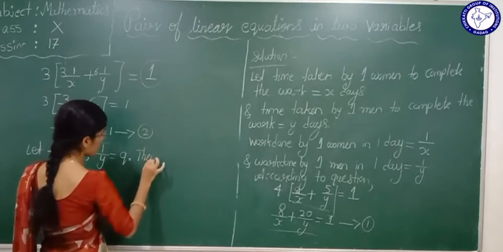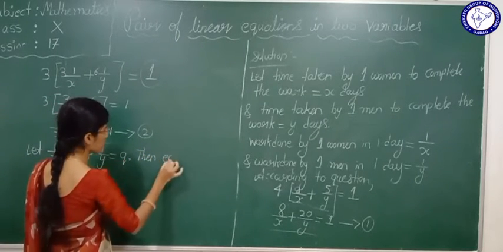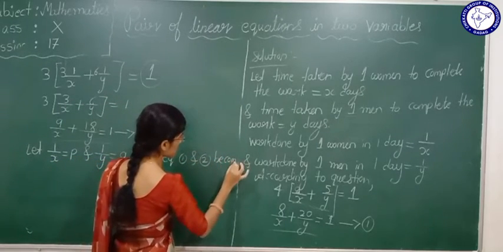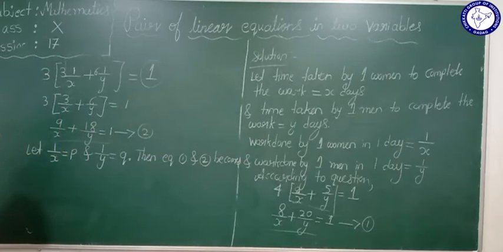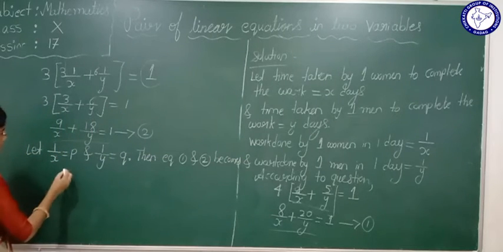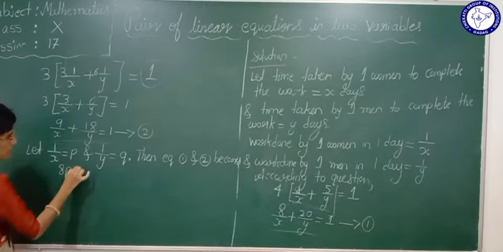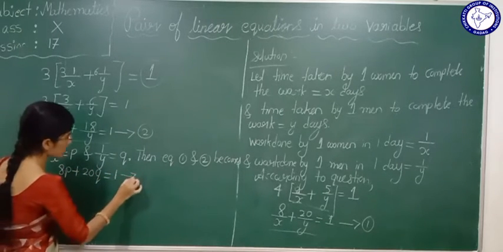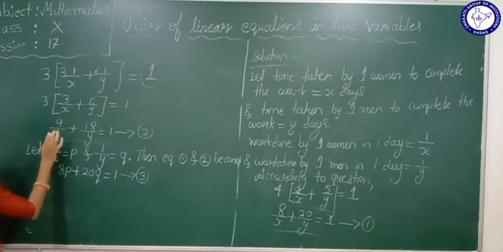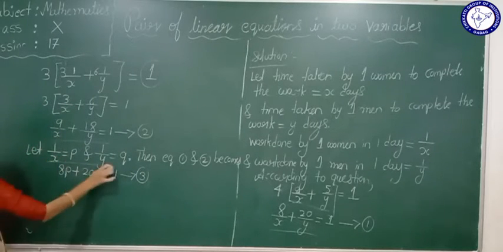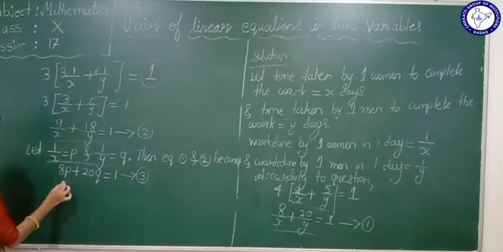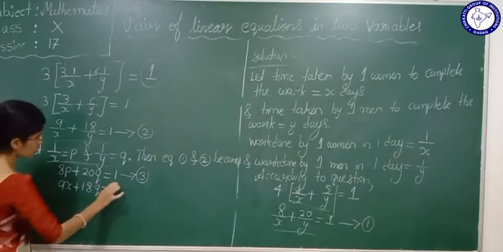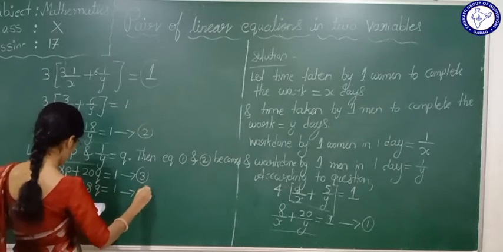Then equations 1 and 2 become, if you substitute this, 8p plus 20q is equal to 1. Call this equation number 3. And here also you substitute: 9p plus 18q is equal to 1. Call this equation number 4.